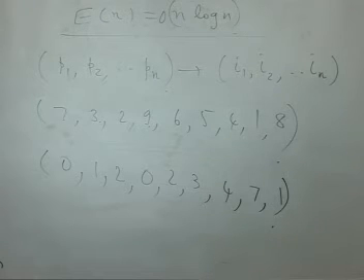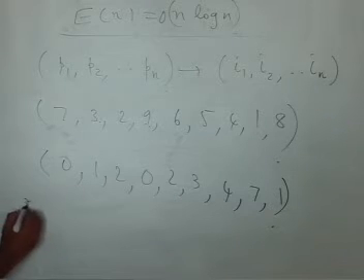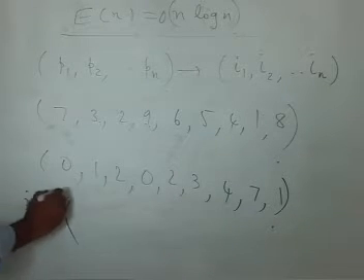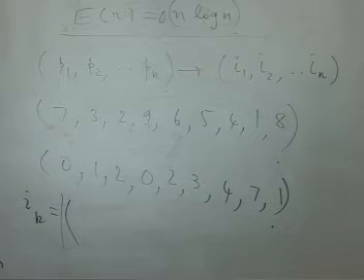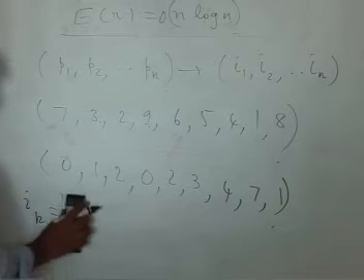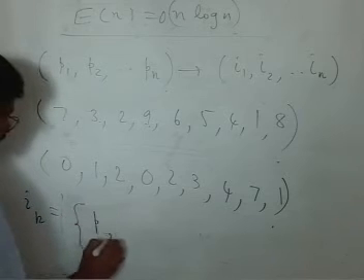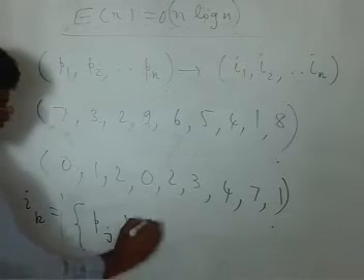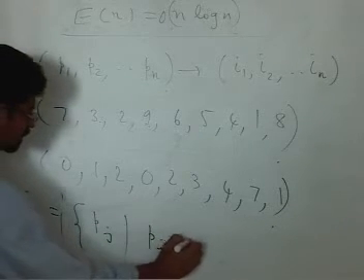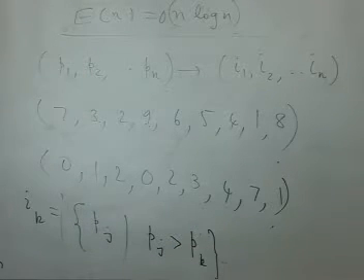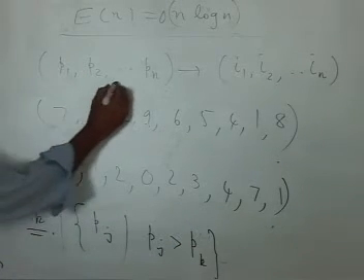Every permutation has got an inversion vector. So how do you define inversion vector? Ik equal to the cardinality of the set of Pj such that Pj is greater than Pk. So Ik is defined for Pk.